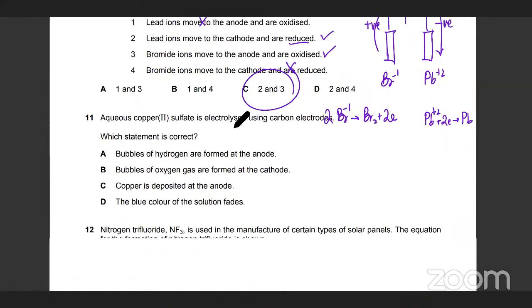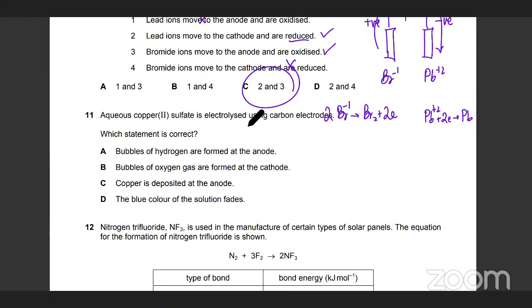Next one is, copper sulfate is being electrolyzed using carbon electrodes, which are inert electrodes. So again, quickly, you have copper sulfate. This is negative, this is positive. Copper sulfate will have how many ions? Copper 2 plus, SO4 2 minus, and what else? H positive and OH negative, because it's aqueous.